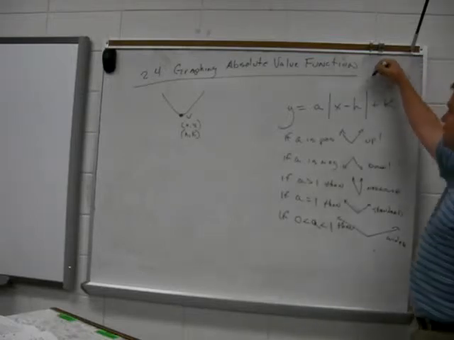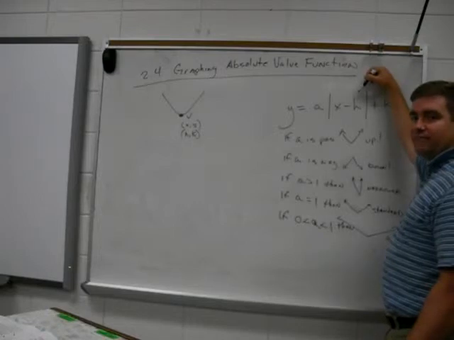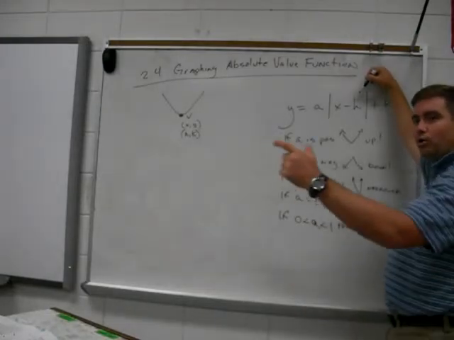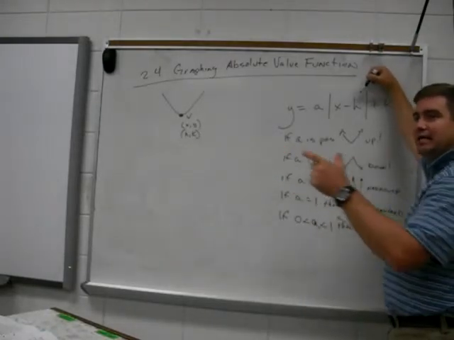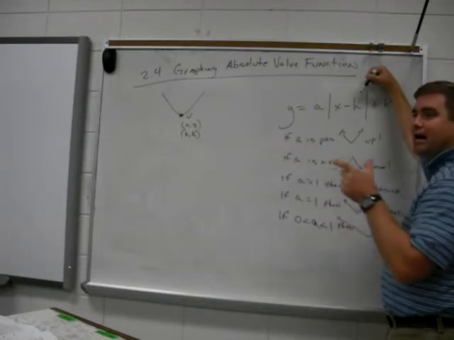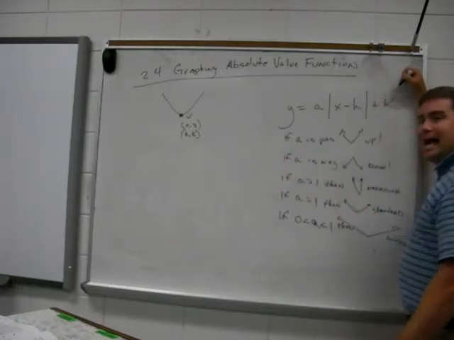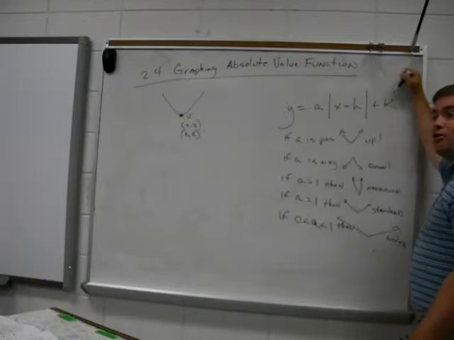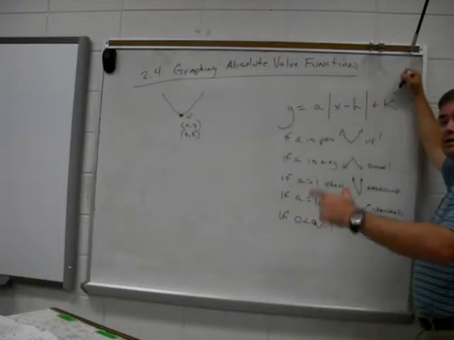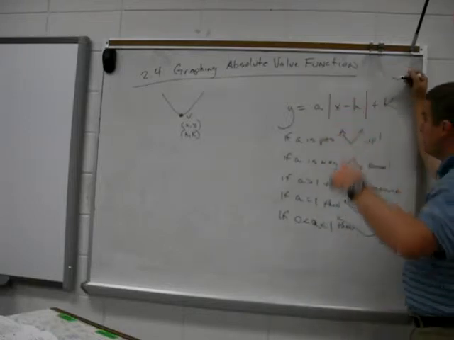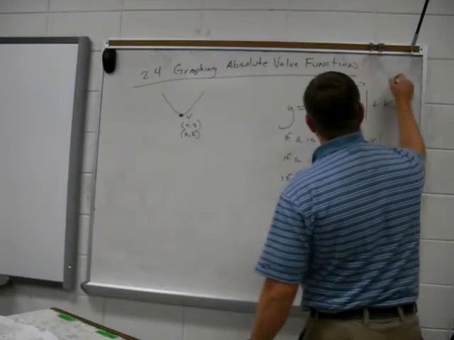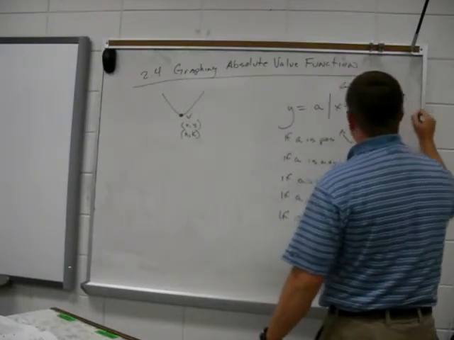Well, any number that's inside the absolute value is going to be our H. That's our horizontal shift. That's telling us which way to move left and right. The number on the outside is K. That's our Y value. That's telling us up or down. So this one tells us left and right. This one tells us up and down.